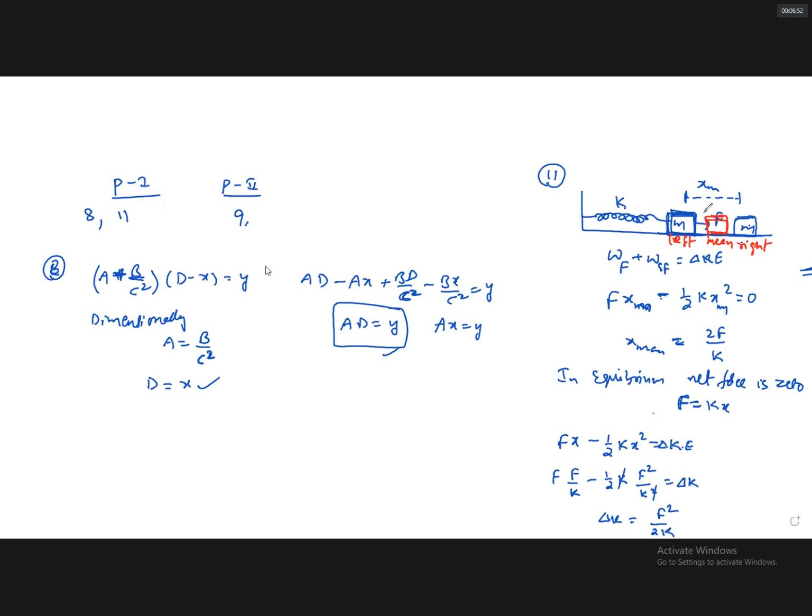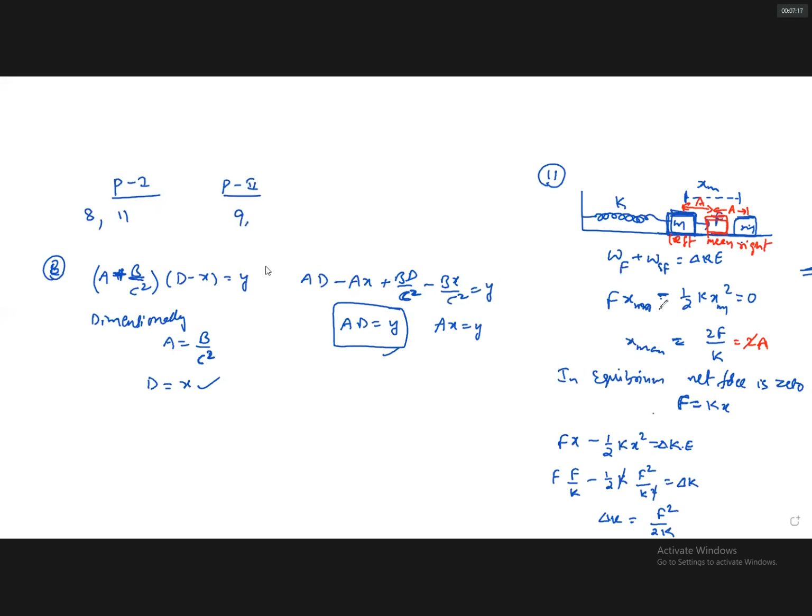So here from mean position to left extreme is A, and from mean position to right extreme, it should be A. Therefore, XM is equal to 2A. Therefore, amplitude of oscillation, maximum elongation of the spring is 2F by K. So amplitude of oscillation is F by K.